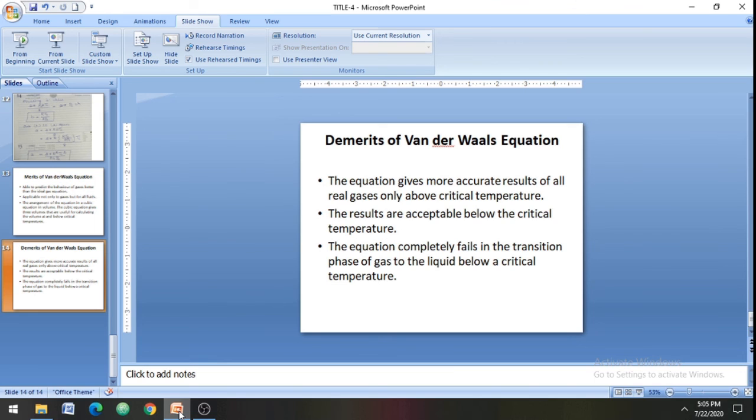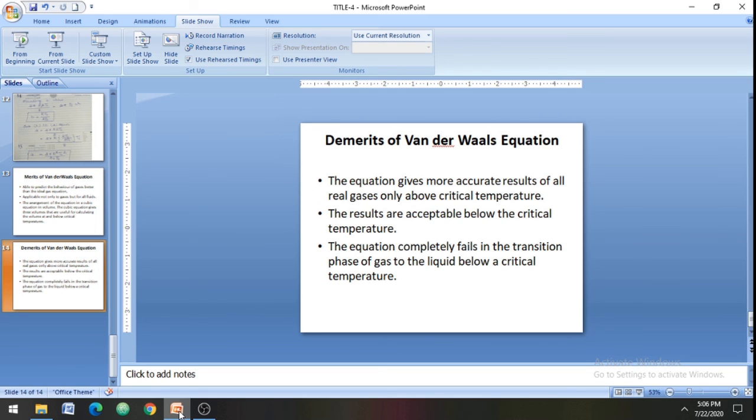What about the demerits or limitations of the van der Waals equation? This equation gives more accurate results for all real gases only above critical temperature. This is very important. For gases below critical temperature, this equation does give results, but the results are not accurate.